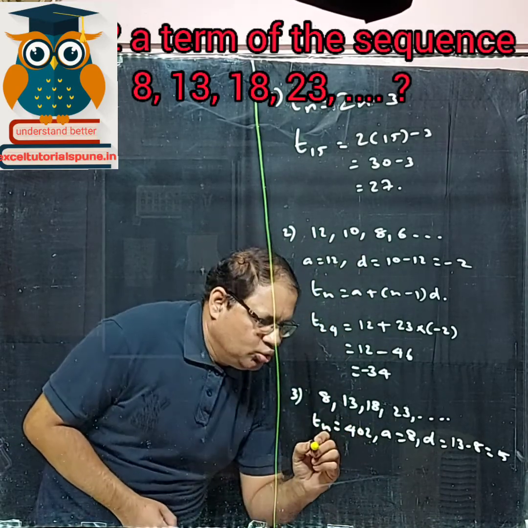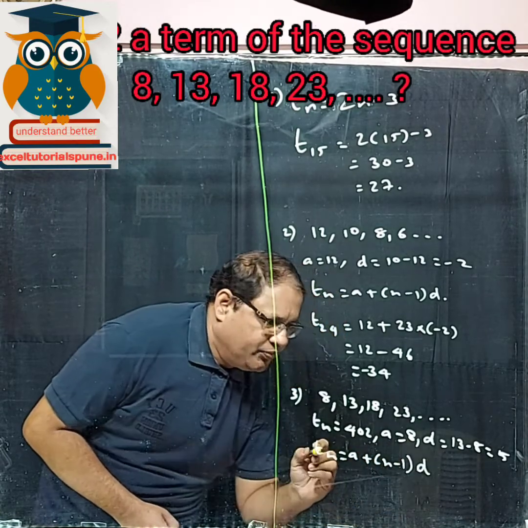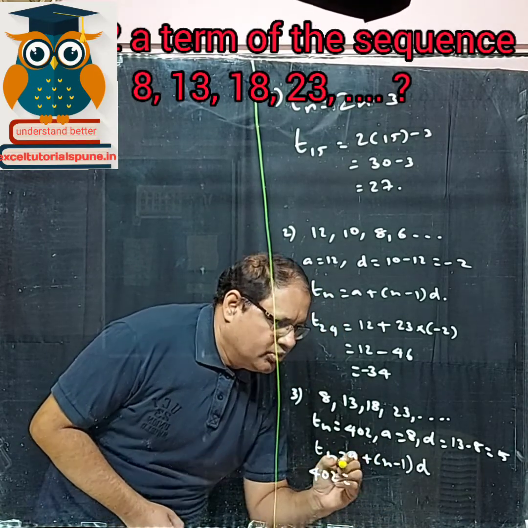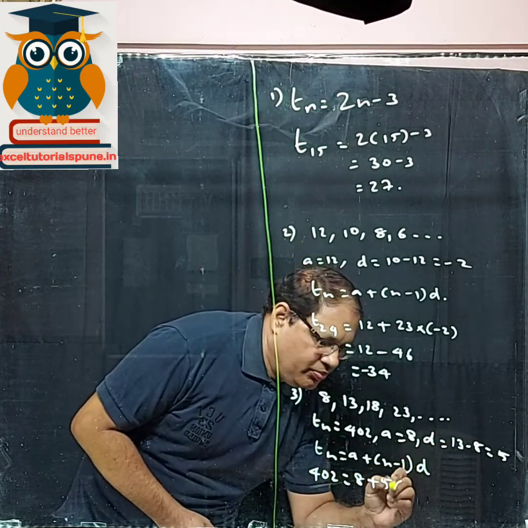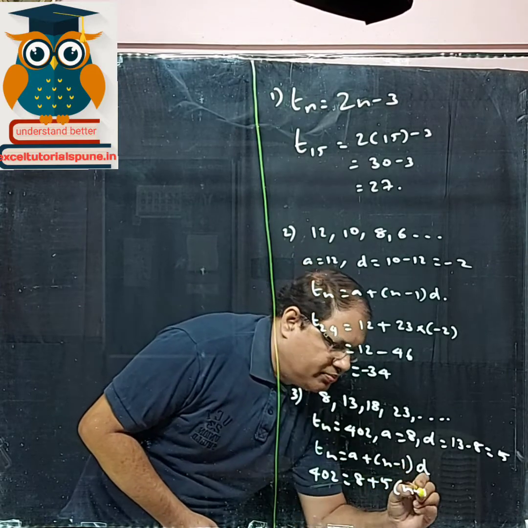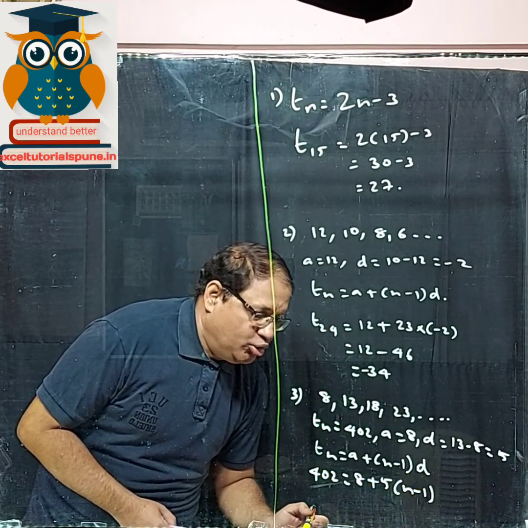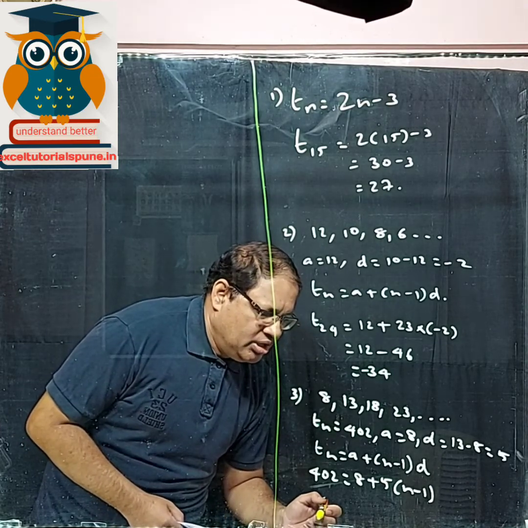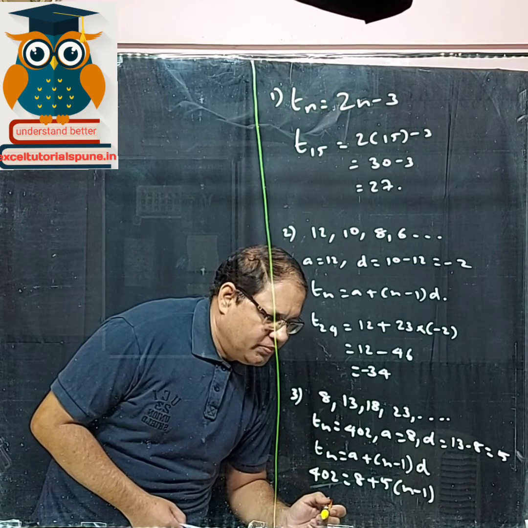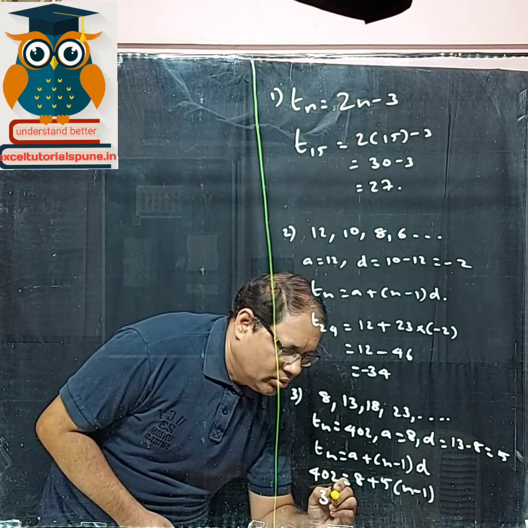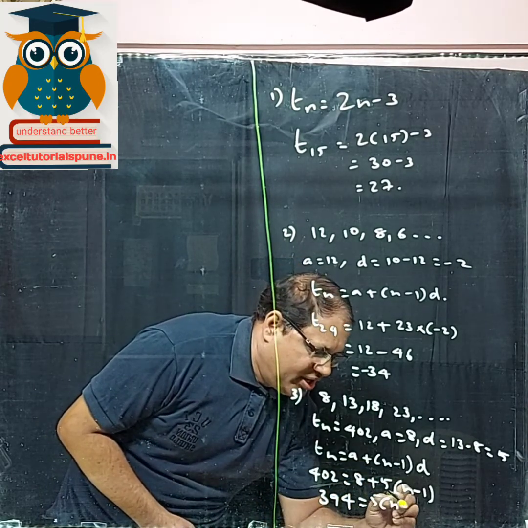So now use the formula Tn is equal to A plus (n minus 1)D. Tn is 402, A is 8 plus 5 bracket n minus 1. So 402 minus 8 is 394, which is equal to 5 bracket n minus 1.